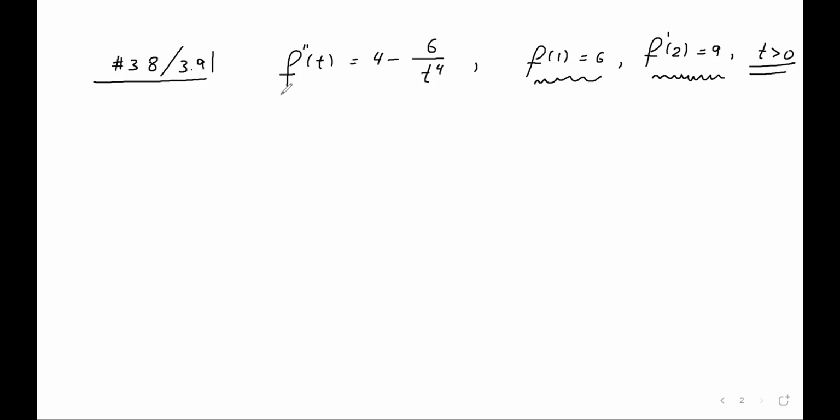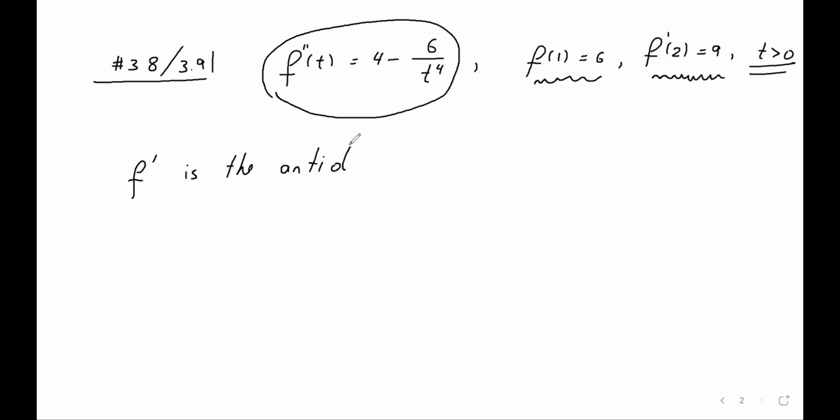And of course, the most important one is this one that tells us the second derivative. And this is what we're going to use, folks. As I explained last time, we're going to use these step by step. So first, f prime is the antiderivative of f prime prime, because the derivative of f prime is f prime prime.